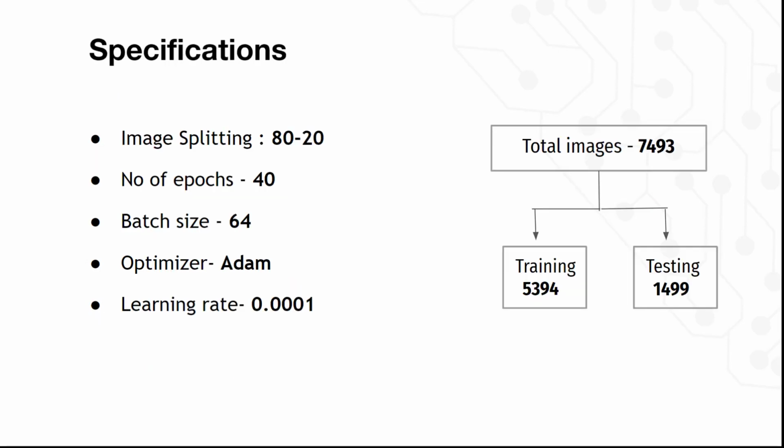Out of 7,493 images, a total of 5,394 images were used for training with batch size of 64 and learning rate 10 raised to minus 4. ADAM was used as the optimizer and images were trained for 40 epochs. Early stopping was used here to keep track of the model's generalization error and to stop training when it began to degrade.